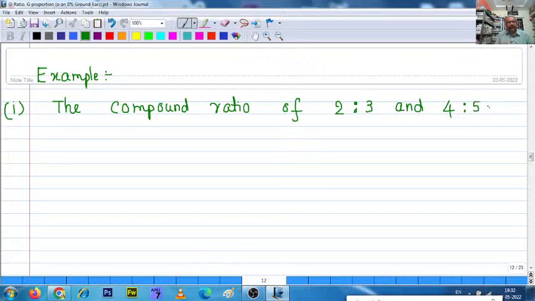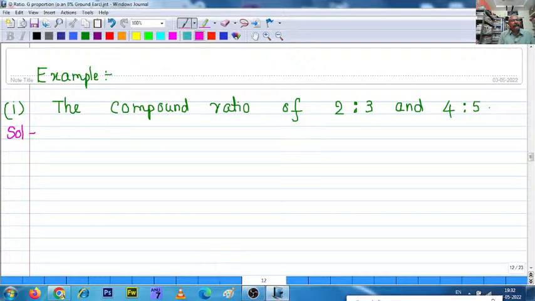So what is your answer? What is the compound ratio of 2 is to 3 and 4 is to 5? Okay, now can you find out? Both ways we can do, two methods.